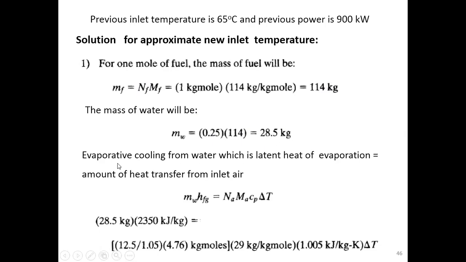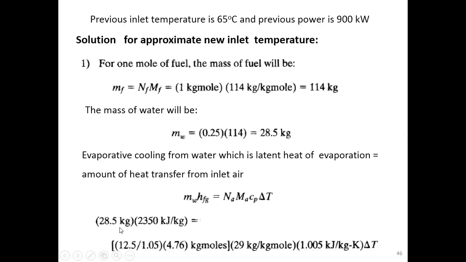Okay. The evaporative cooling from the water, which is the latent heat of vaporization, must be equal to the amount of heat transfer from the inlet air, right? So now we have the mass of the water times the latent heat of vaporization equal to the mass of the air times Cp times delta T, right?